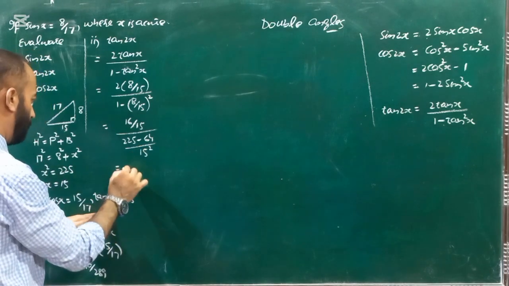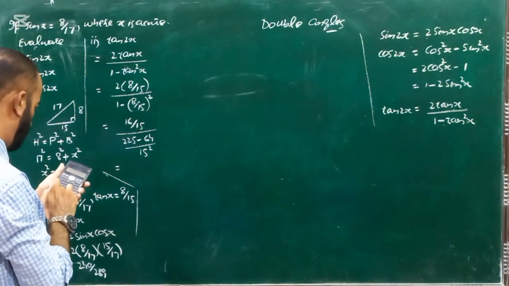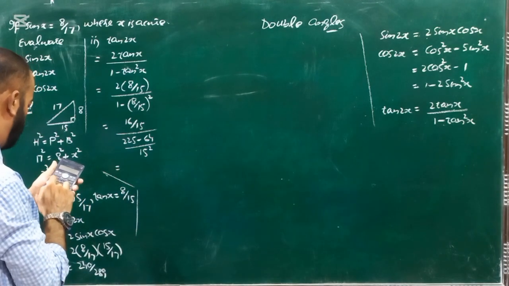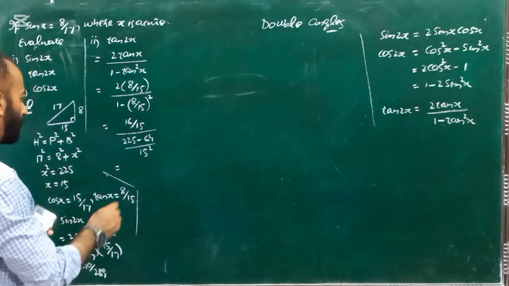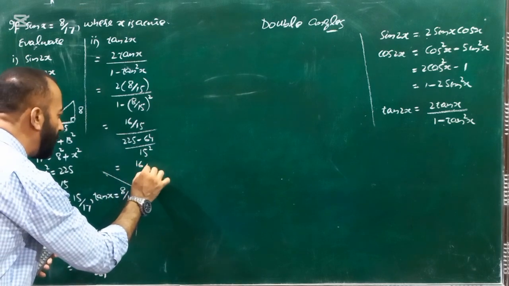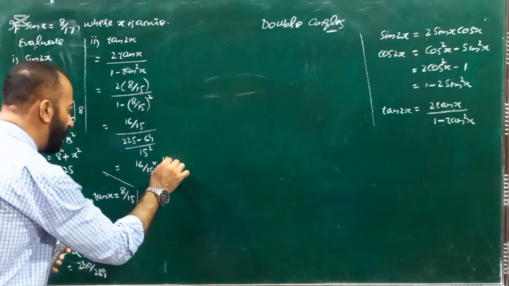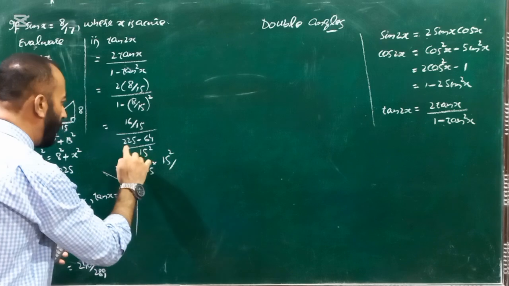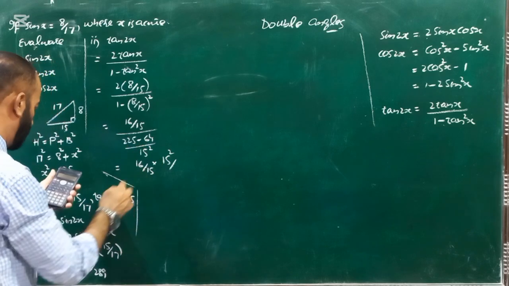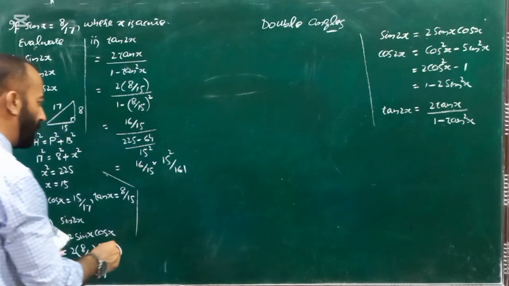Okay, 225 minus 64 will be equal to 161. In numerator, we are having the same thing, that is 16 by 15. Now this fraction is going to the numerator, so 15 square will come into the numerator, and 225 minus 64, that is equal to 161, will come into the denominator.